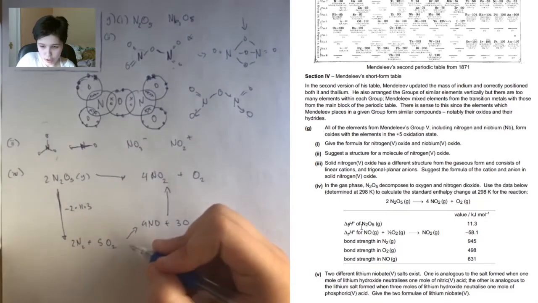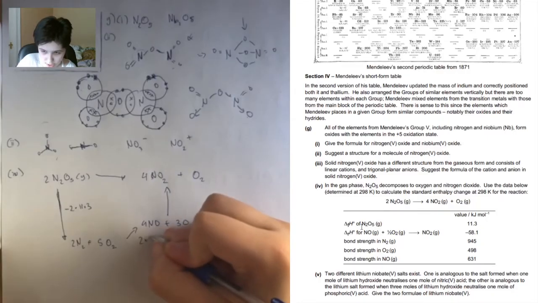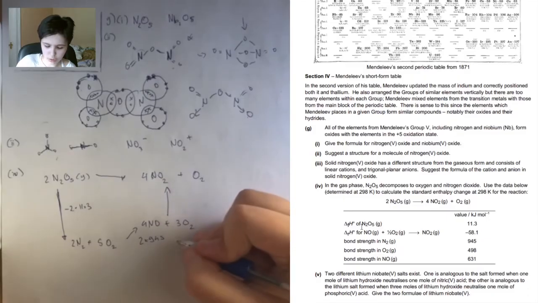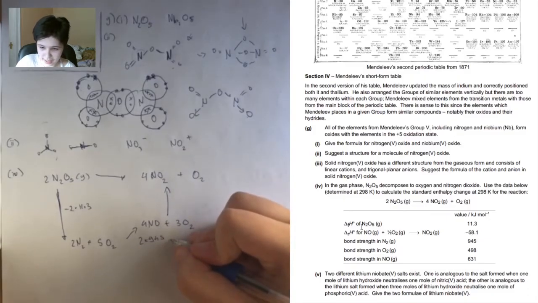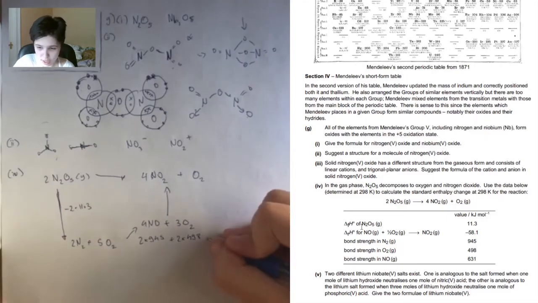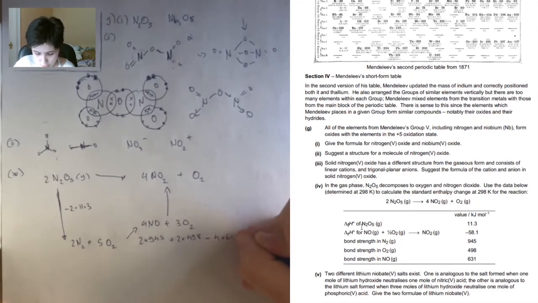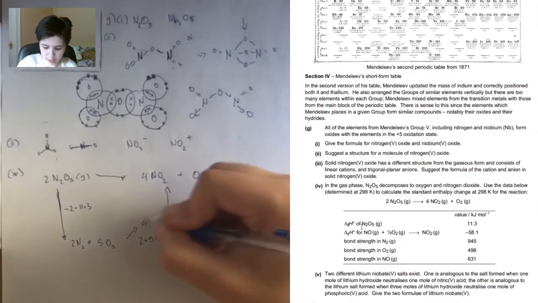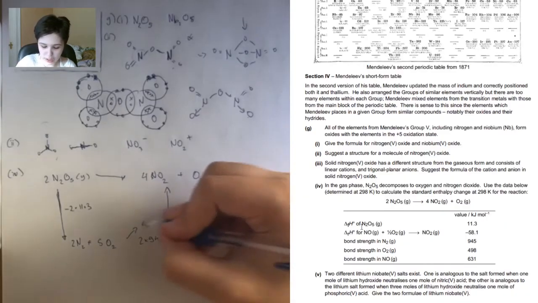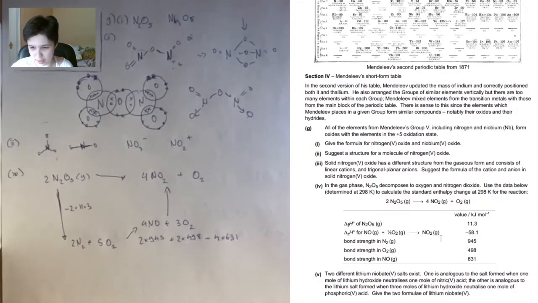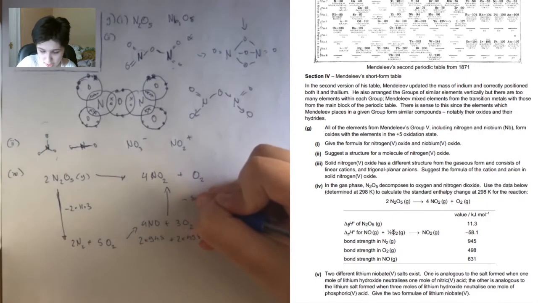Here we break 2 nitrogen bonds, so that's 2 times 945. We break 2 oxygen bonds, and that gives me plus 2 times 498, and we form 4 NO bonds, so that gives minus 4 times 631. And then in the final part, you form from the NO and the O2, minus 58.1 times 4.